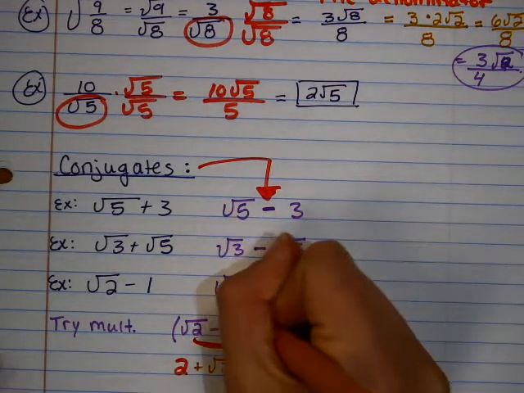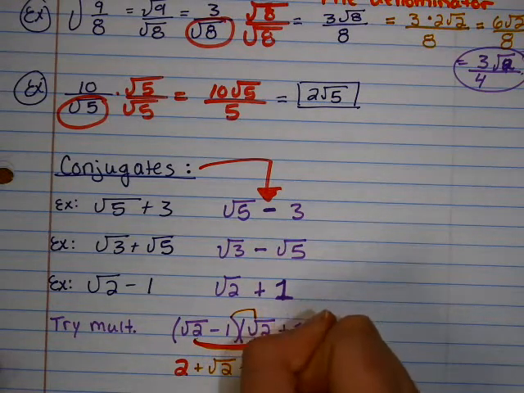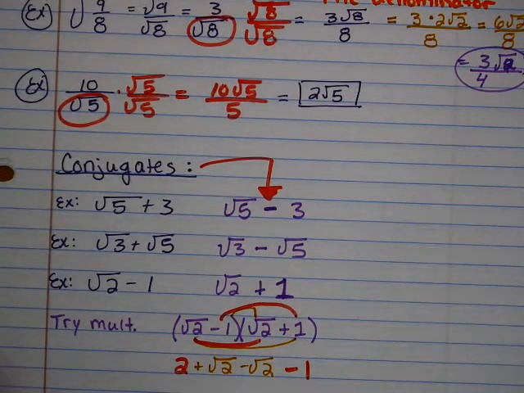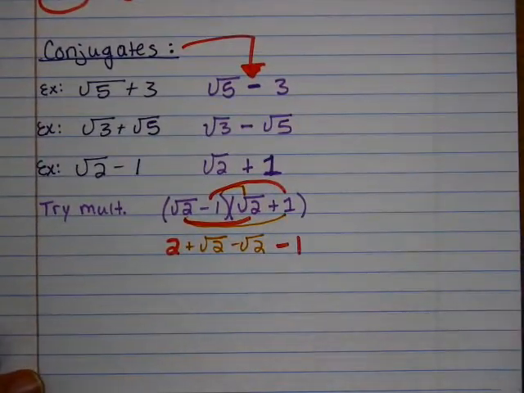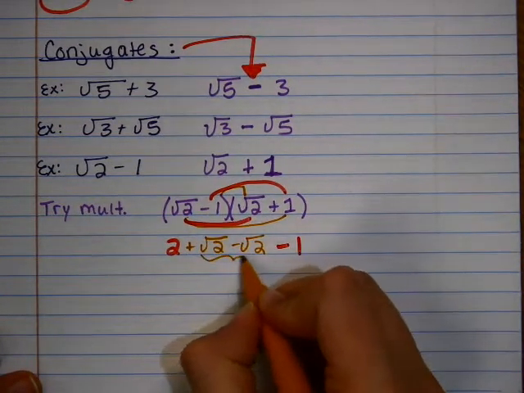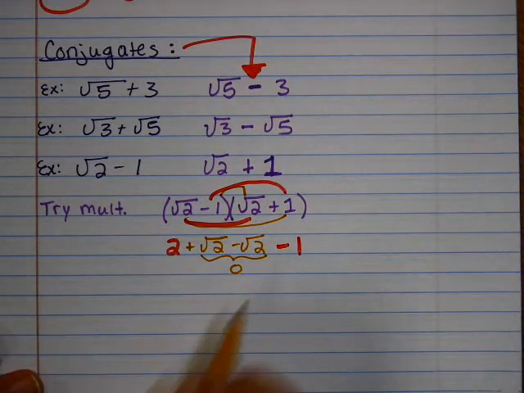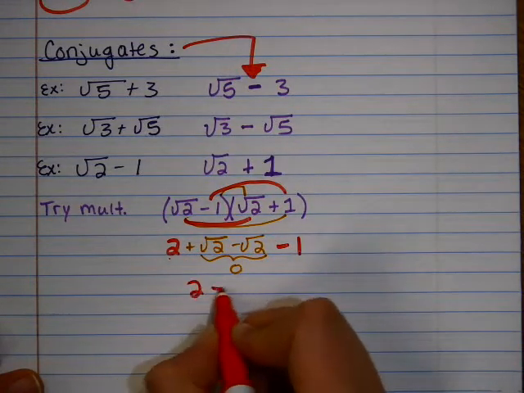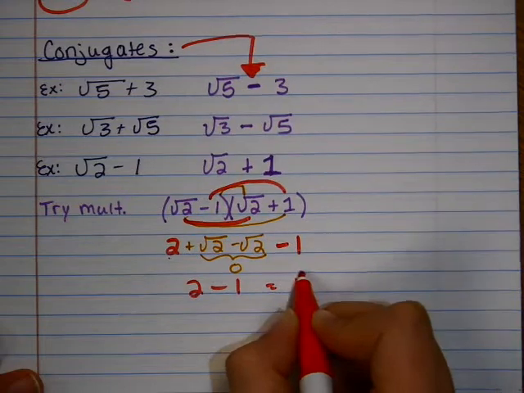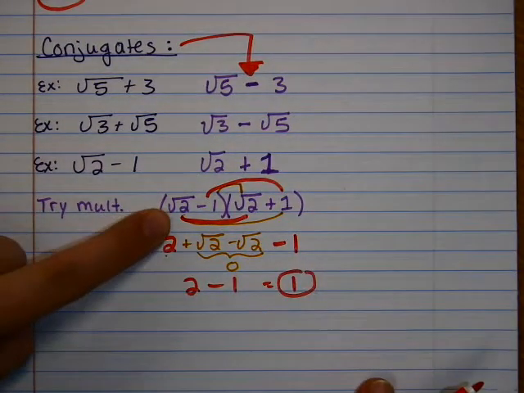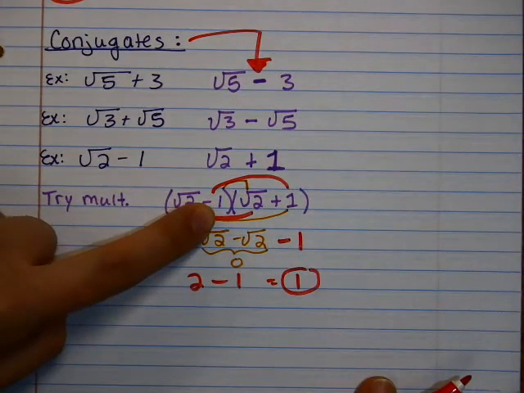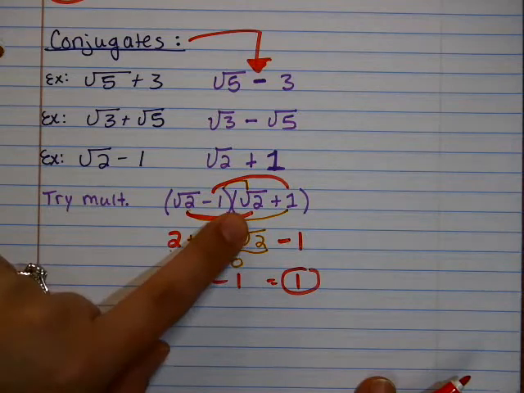Negative 1 times the square root of 2 is minus square root of 2. And negative 1 times 1 is a negative 1. Okay, well notice what happens. These equal 0, right? Square root of 2 minus square root of 2 is 0. And I'm left with 2 minus 1, which is equal to 1. So my square roots go away. My square root of 2 minus 1 now becomes 1 when I multiply it by the conjugate.